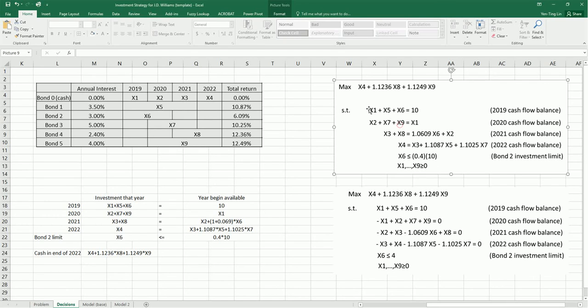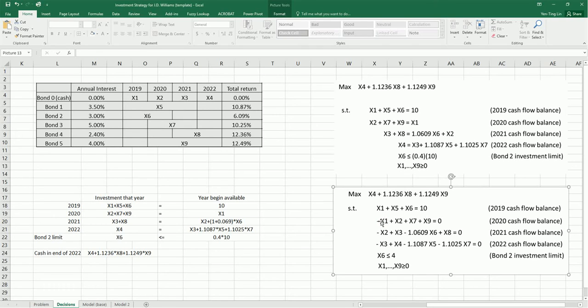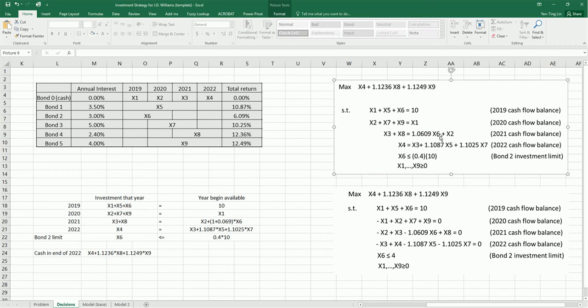For example, in the second constraint, x1 is on the right-hand side, so let's move it to the left-hand side. When you move it to the left-hand side, you put a negative sign. So you see, all the decision variables are on the left-hand side. Next, the third constraint: x2 and x6 are on the right-hand side, so let's move them to the left.